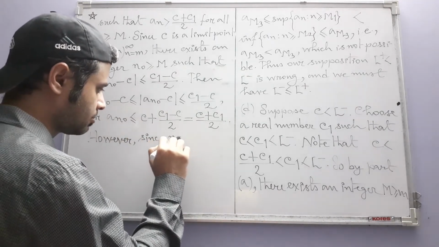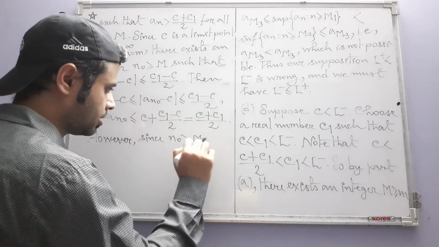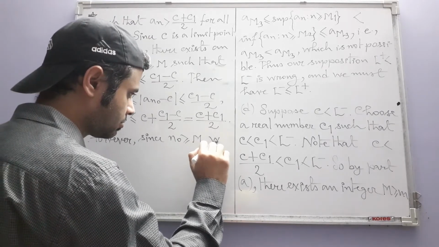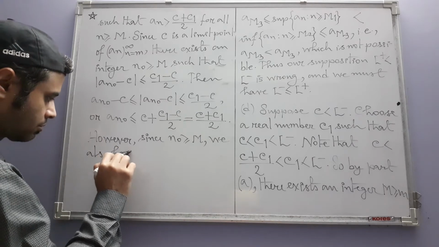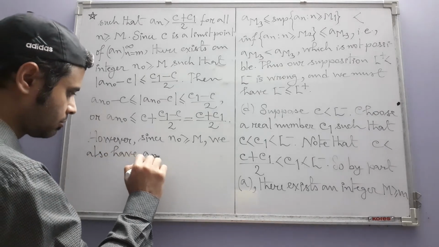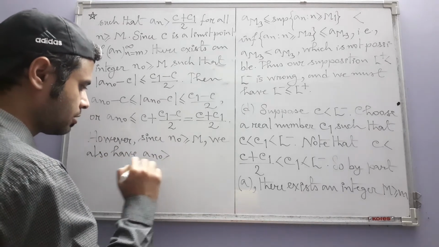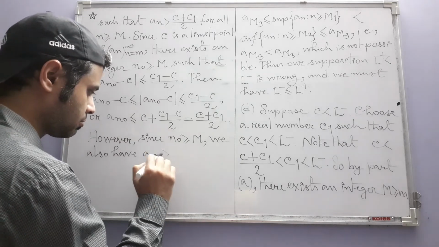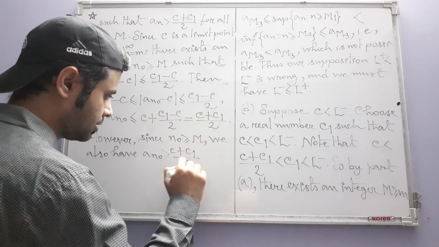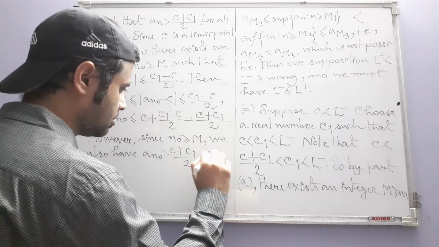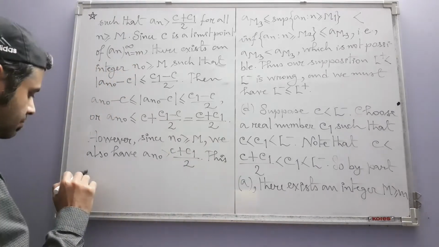However, since n naught is greater than or equal to m, we also have an naught strictly greater than c plus c1 divided by 2. This is a contradiction.